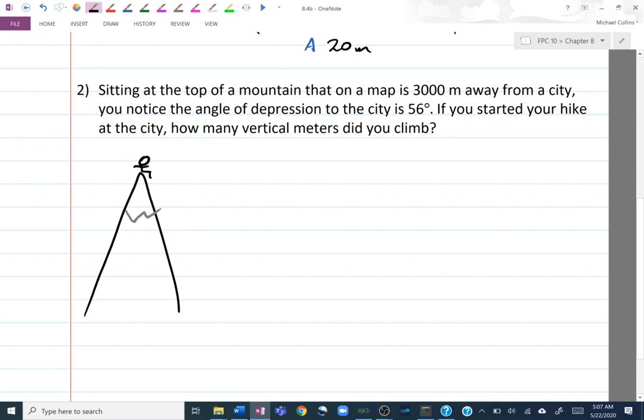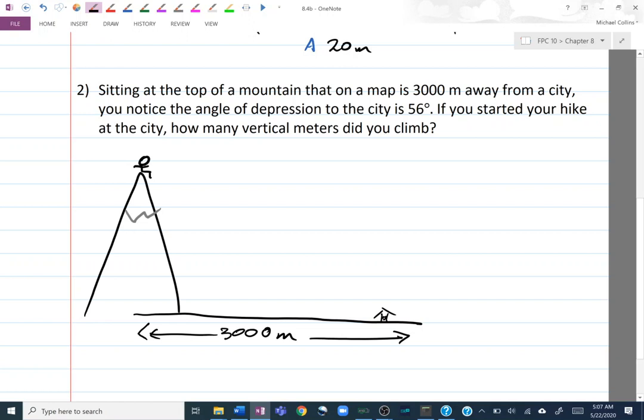And then on the map, so maps measure horizontal distances. We are 3,000 meters away from our city. And for my city, I'm just going to draw maybe a couple little houses down here. You're not allowed to laugh at my pathetic little houses, though.